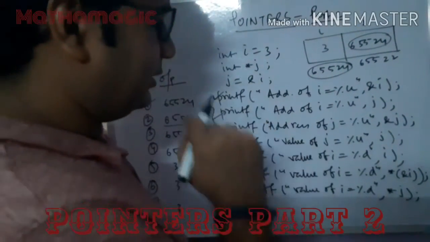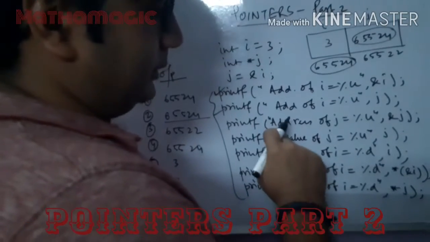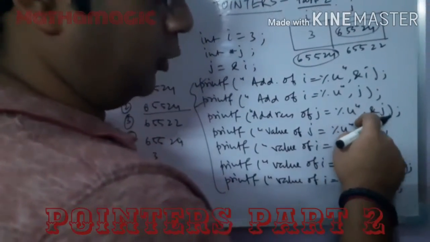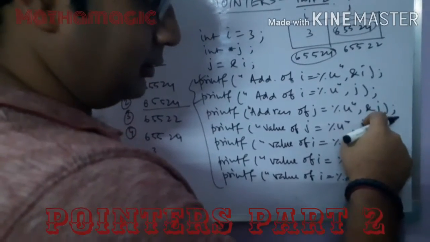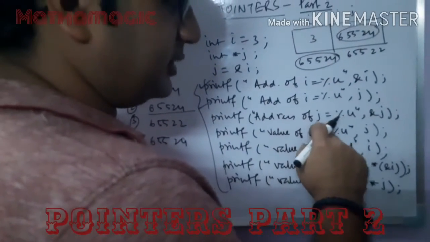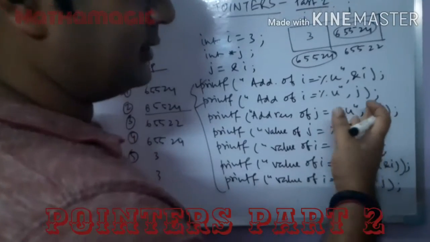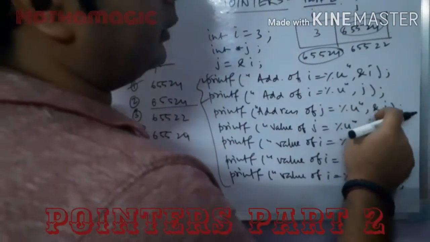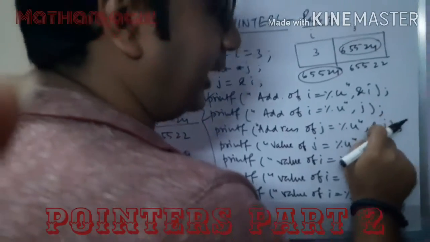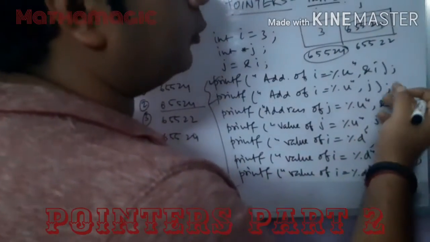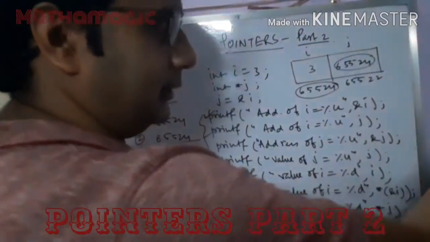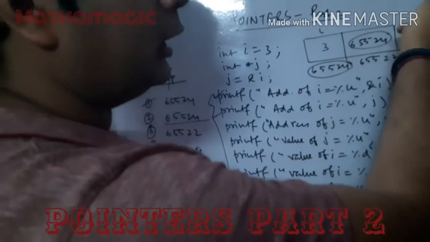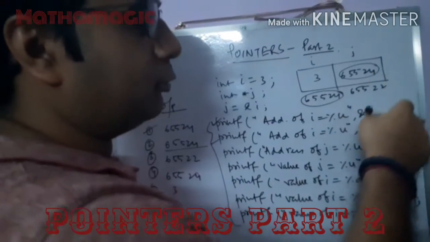Now we are coming to the third line. That is address of j is equal to %u, comma ampersand j. Of course, that is an unsigned integer, and we are just writing ampersand of j because we don't have any other value further. If we had any other pointer variable which was storing the address of this variable, then we could have written like this.